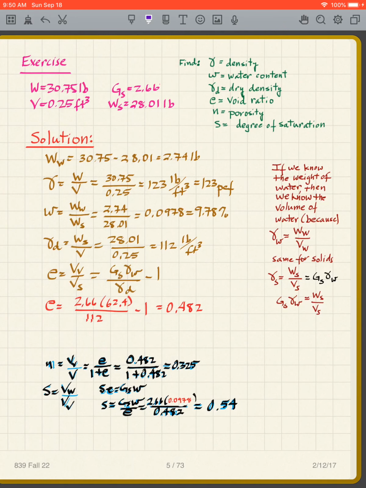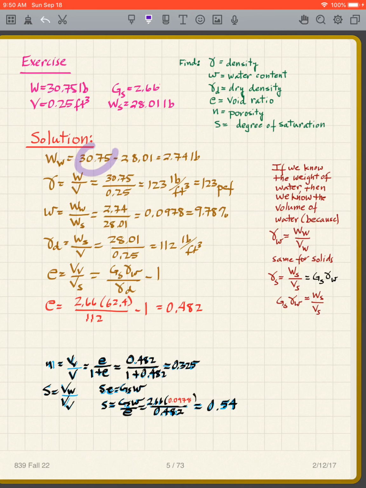Okay, assume you've made an attempt to solve this problem. Again, this is the given information, and this is what we're trying to find. And what's the solution? Well, the weight of the water is going to be what? Well, I know the total weight, I know the weight of the solids, so the weight of the water is the difference.